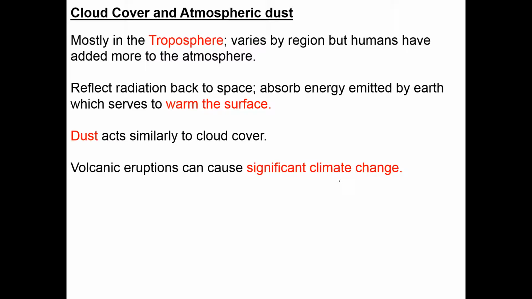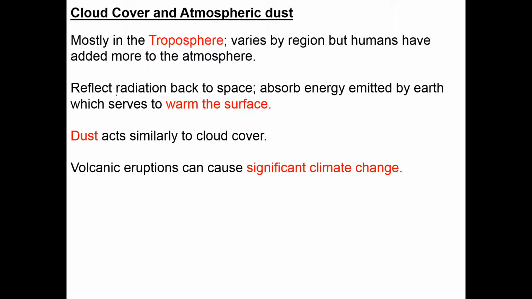there's also the cloud cover and atmospheric dust that reflects light as well. Those are not air; those are actually water and solid particles floating in the atmosphere. They're part of the atmosphere, but they're not gases. They occur in the troposphere, and it varies by region. And we have been adding more to it.